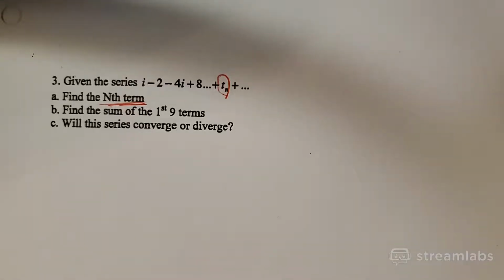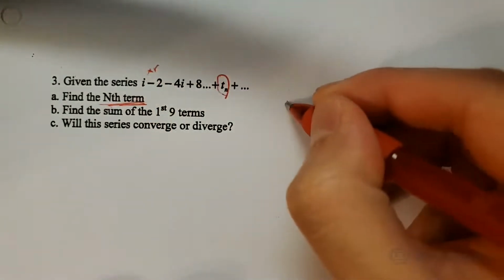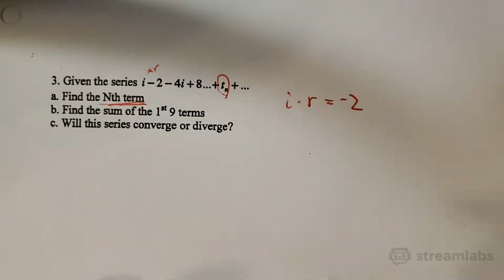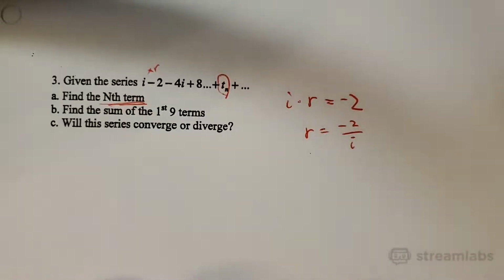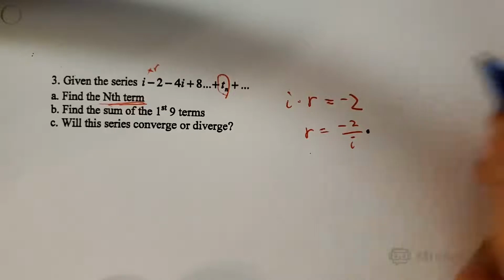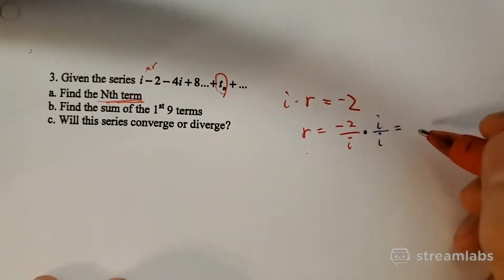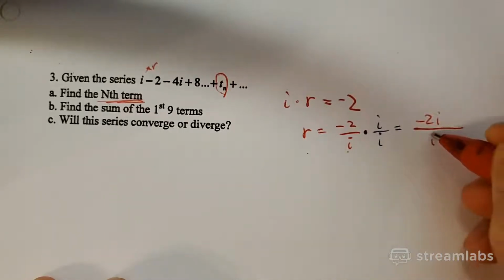Well, if I already tell you it's geometric, you know this times an r. I times an r is -2, so that means r equals -2 over I. And because we are good with rationalizing, you multiply by I top and bottom, remember this: -2i over I square.